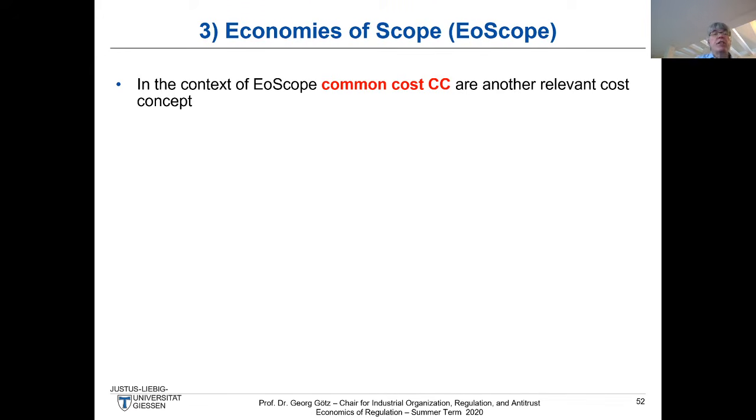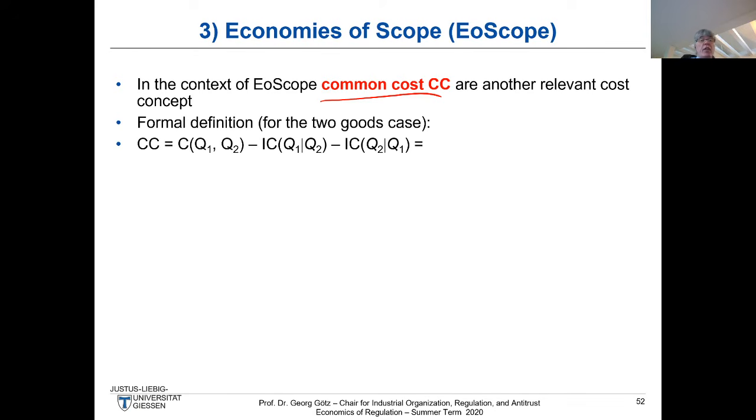First of all, we define another cost concept, namely the common cost, Gemeinkosten in German. This is what you can also define formally here. What are the common costs? The common costs are just total cost minus the incremental cost of product 1 minus the incremental cost of product 2.